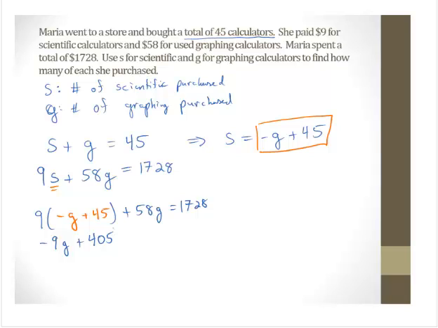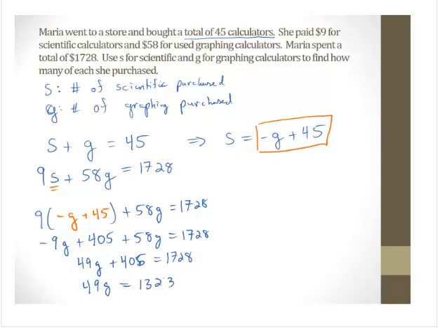So then negative 9G plus 405, let me double check that number, 9 times 45 is 405, okay, plus 58G is 1,728. So negative 9G plus 58G, that's 49G plus 405 is 1,728. Let me subtract the 405, is 1,323. So 49G is 1,323.